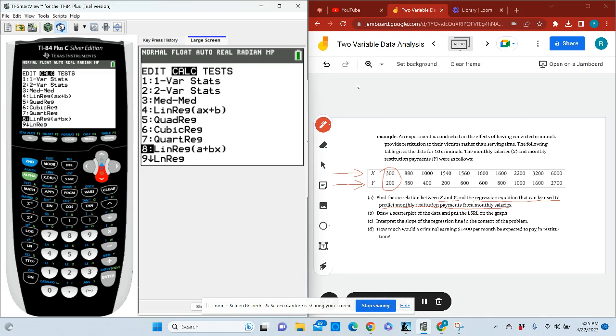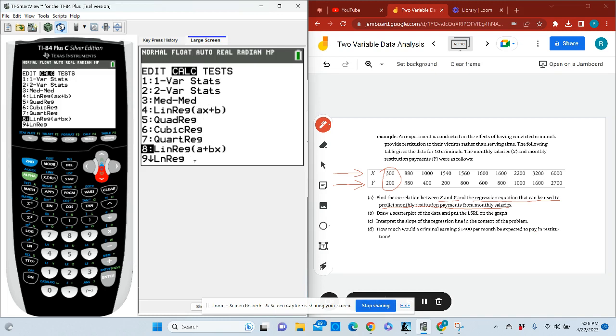The only difference is the format the calculator uses for the equation of the regression line. During the year, I taught you to use 4, LinReg(ax+b), because this is the equation for a line you're used to. If I ask pretty much any of my classes what's the equation for a line, they just spit out mx plus b.